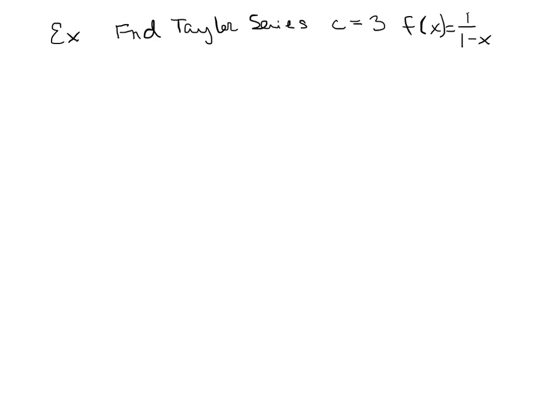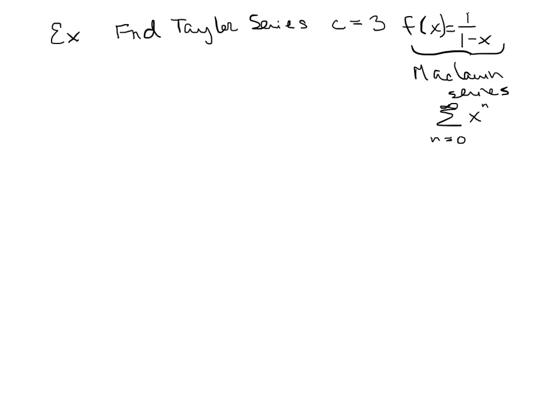Now, we have a Maclaurin series for this function right here. It's the sum from n equals 0 to infinity, and you might have to look at the sheet. It's just the sum of x to the n.